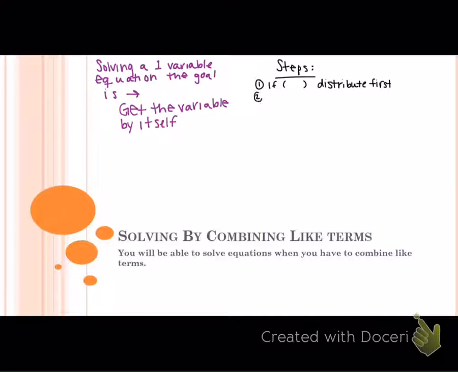If there are like terms on the same side of the equation, combine them.